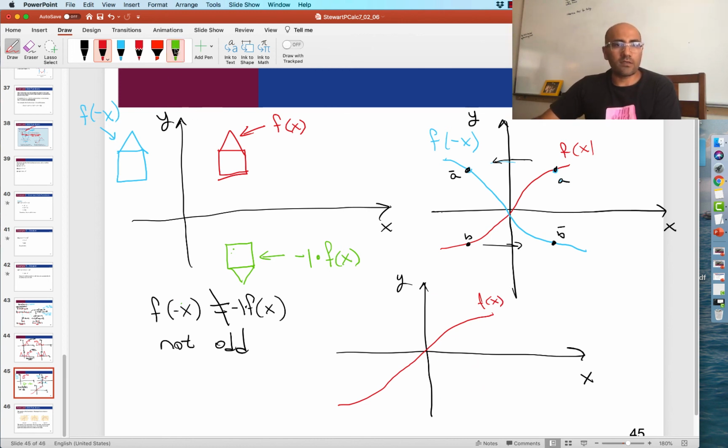So now across the x-axis, this point would travel down here to be over here. And so this would end up looking something like this. Oh, okay. Well, it's really ugly, but what we end up getting here is -1 times f of x.